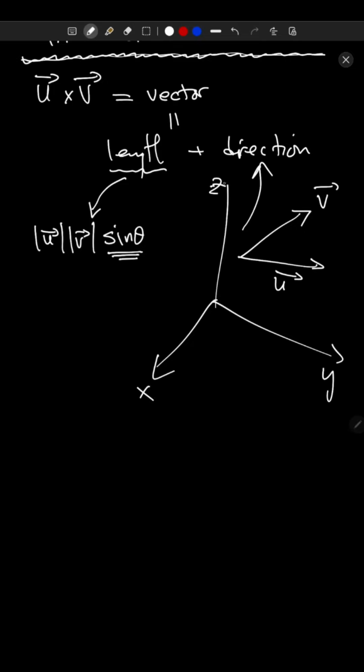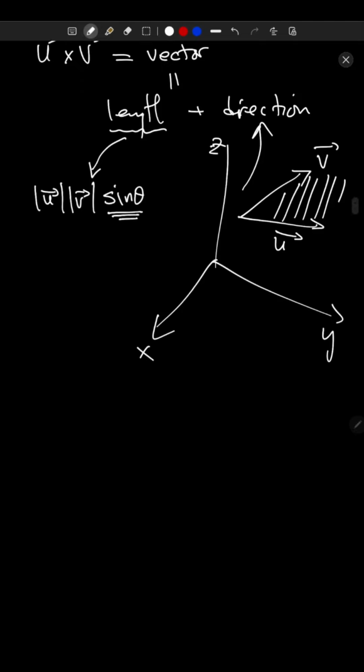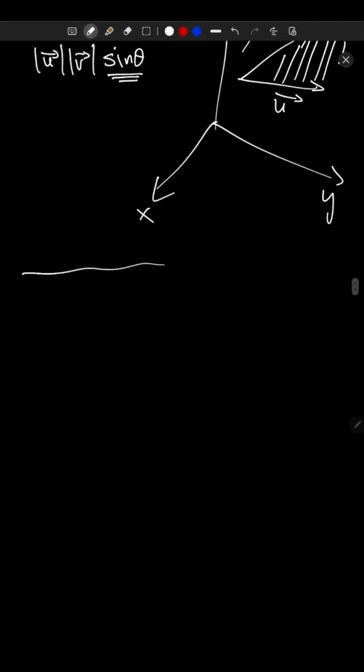So what's the direction of the cross product? Well, if I look at it in space like this, without any nice perspectives or anything like that, it's really hard to draw. So what I'm going to do is take a look at the plane that u and v create, right? Two vectors create a plane, and let me just draw that down here. Okay, so it's maybe like this.